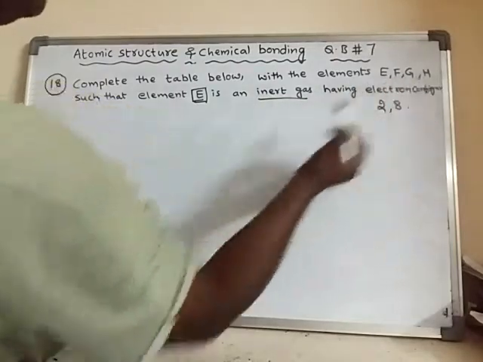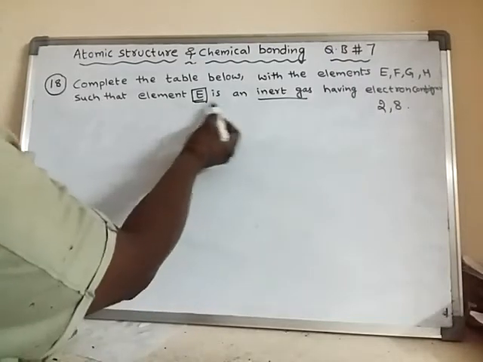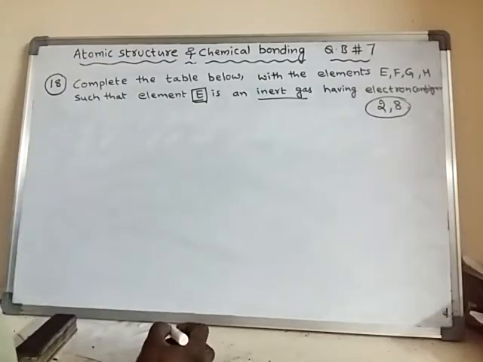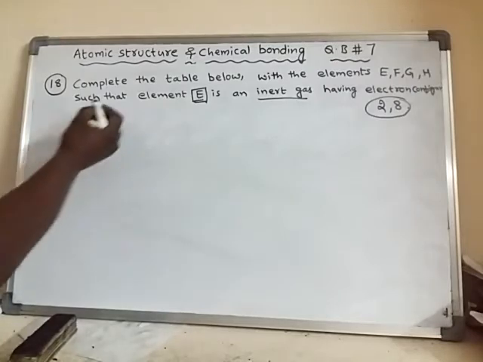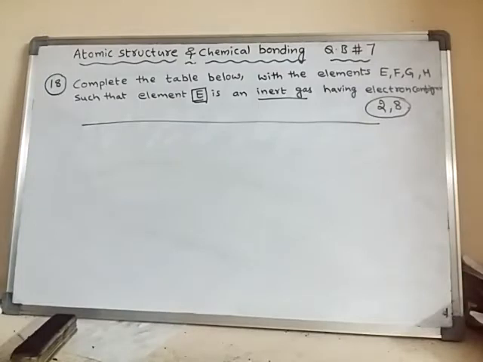So there are 4 elements. Out of 4 elements, one element is E, and that E is given as an inert gas and its electronic configuration is given as 2,8. Now below this a table is given and we have to fill that table.